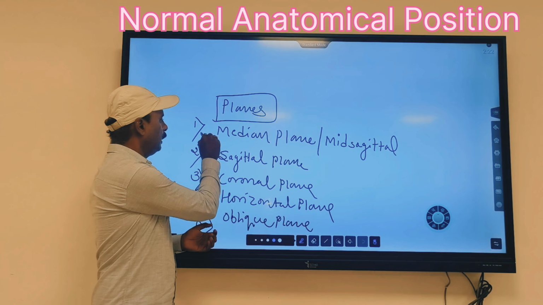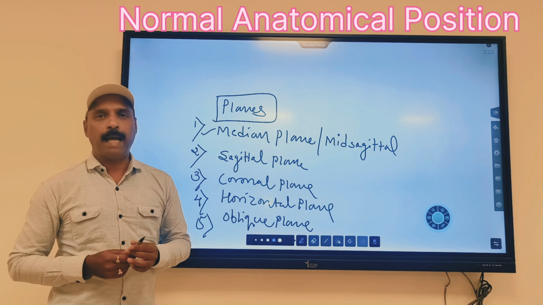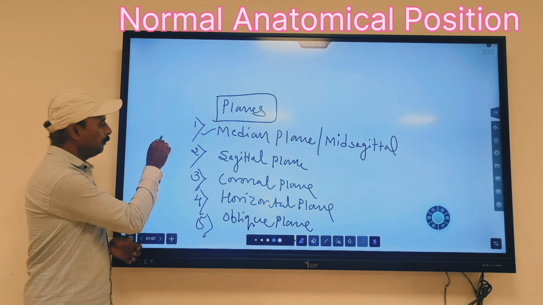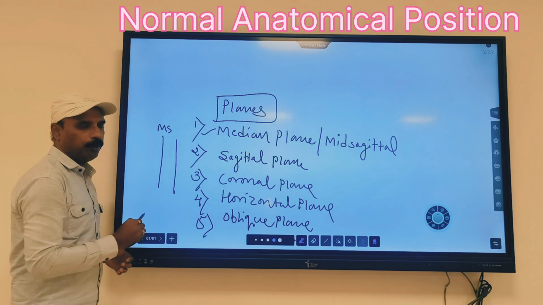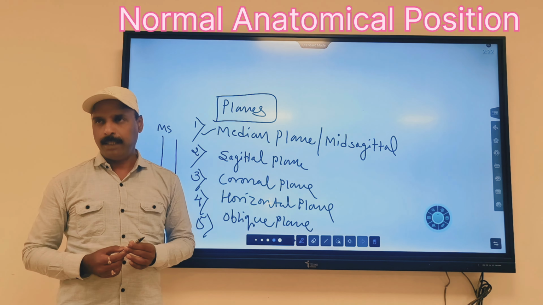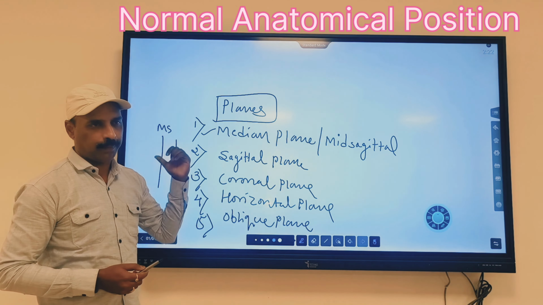Next comes the sagittal plane: any plane which is parallel to the mid-sagittal. The mid-sagittal is in the midline, and parallel to it, not passing through the midline, we get the sagittal plane.